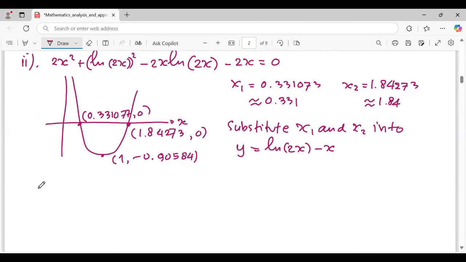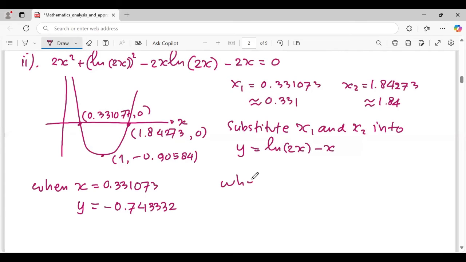When x equals 0.331073, if you substitute into this equation, you get y equals minus 0.74332.